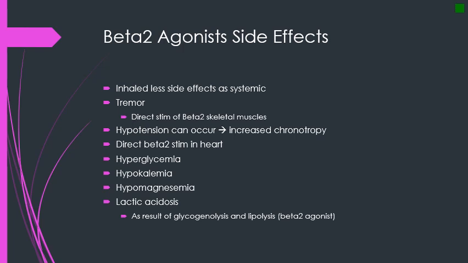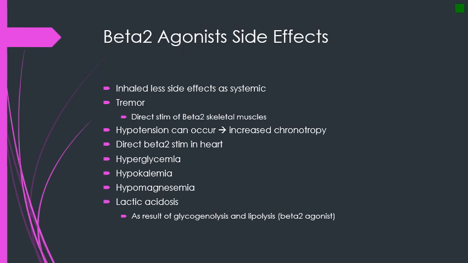Tremors are the most common side effect that you will see, especially with repeated dosing, and that's because of the direct stimulation of those beta 2 skeletal muscle receptors. You can also see hypotension, and that will produce an increase in the chronotropy. You will see direct beta 2 stimulation in the heart.